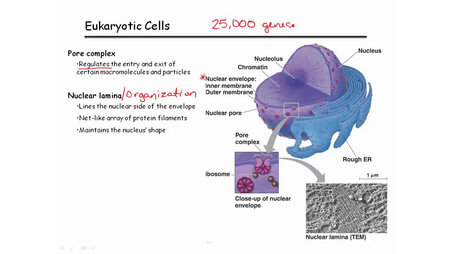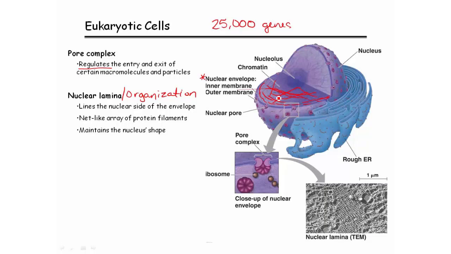So the nuclear lamina is a structure that is found just inside the nuclear envelope, so it would be right around here, and it's also found all throughout the inside of the nucleus. So it's like a net that runs throughout the inside, and this is going to provide a lot of attachment points. So this will allow us to attach specific genes to certain locations within the nucleus. Again, so that when we go in there, we know exactly where we're going to find gene number 150, gene number 500, and so on.